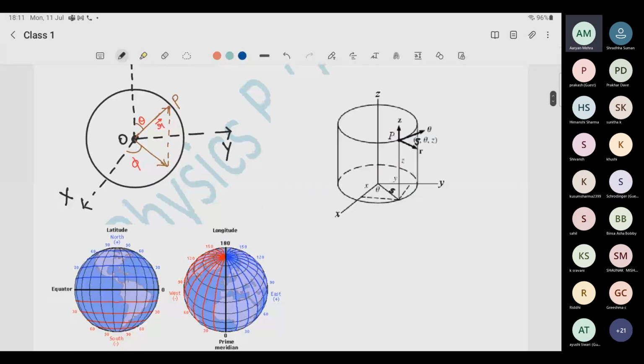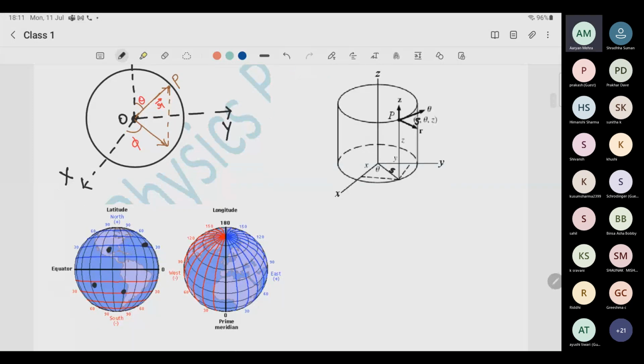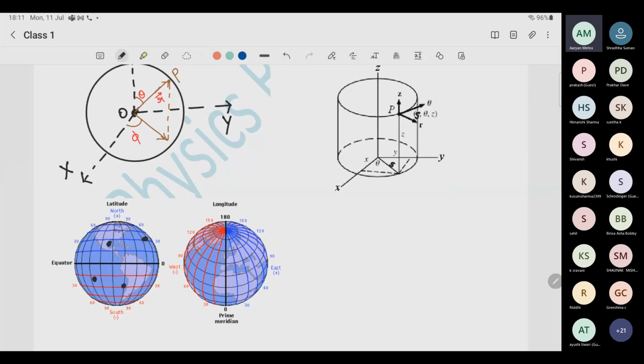Now the second problem comes: our point can be anywhere. Here you can see on the lower diagram, I am drawing some points with the black pen. It can be anywhere, no? All these points are on the surface of the sphere. So how do we define where our point is? The second thing we need is how far down our point is.